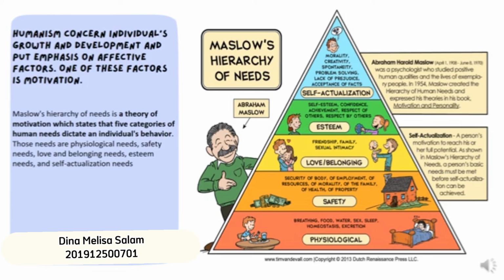We can see in the picture, the basic human needs are physiological, like breathing, food, water, sex, sleep, homeostasis, excretion. The next step is safety: security of body, of employment, of resources, of morality, of the family, of health, safety of property.